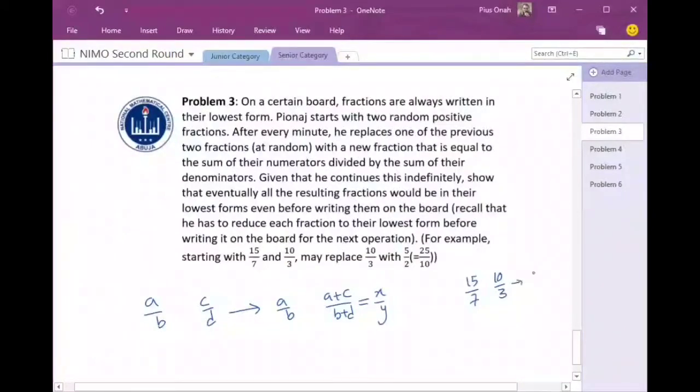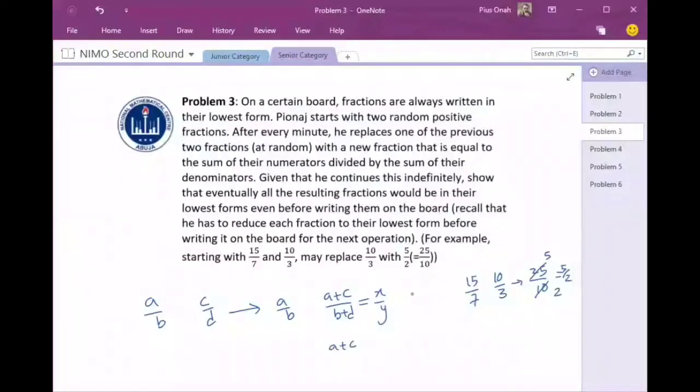When we add the numerators, that gives 25, and the denominators give 10. We reduce this further by cancelling 5 from numerator and denominator. So what we actually have, the lowest form, is 5 over 2. So x over y is what I'll be representing by that lowest form, meaning that we must have cancelled something. What we cancelled, I'll call it t.